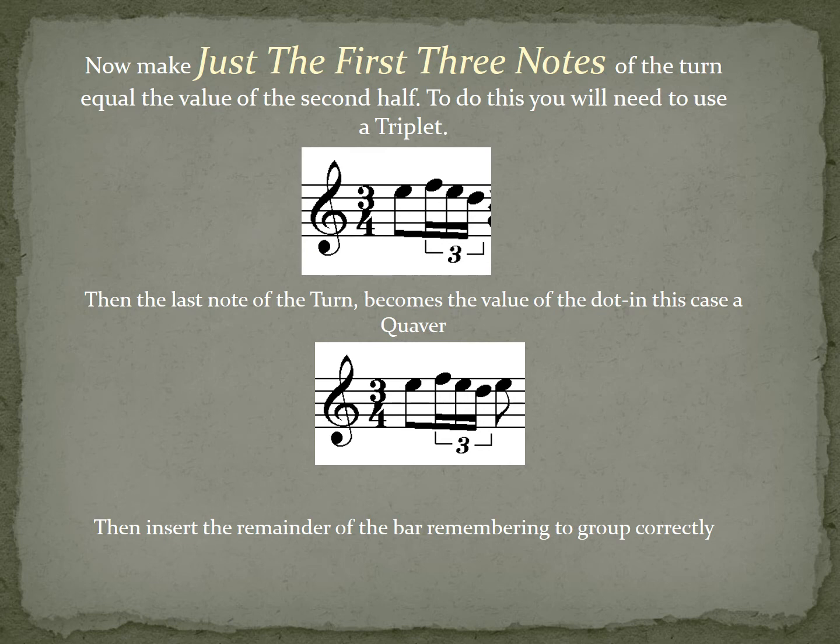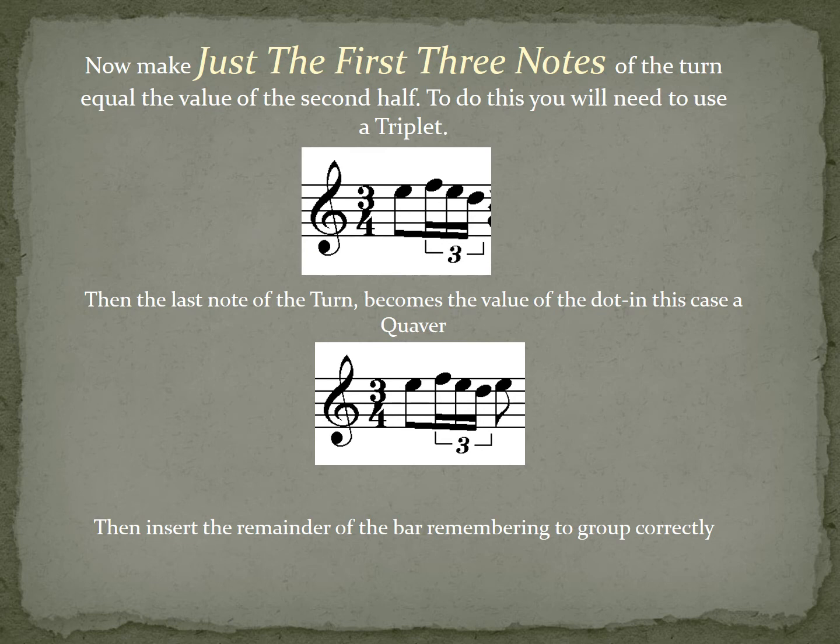So a triplet semiquaver equates to 1 quaver. Now the last note of the turn that's missing, in other words the written note on the end, becomes the value of the dot. So in this case the value of the original dot was a quaver. So there we can see on the second example the last E note has been put in as a quaver.